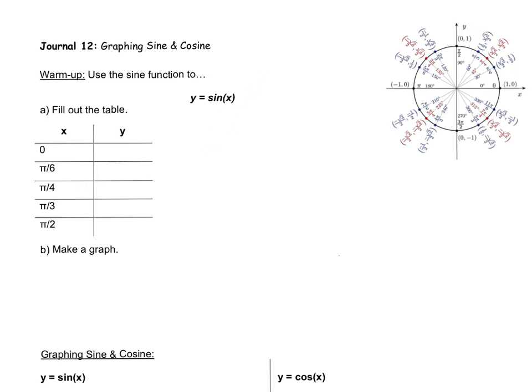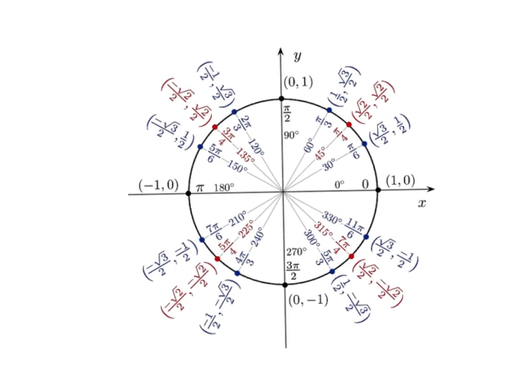This equation has sine, and we're plugging in 0 for x. So this is going to look like sine of 0 radians. If I want to know what sine is at 0, I have to look at the y coordinate at 0 radians. If I look at my unit circle here at 0 radians, the y value is going to be 0.